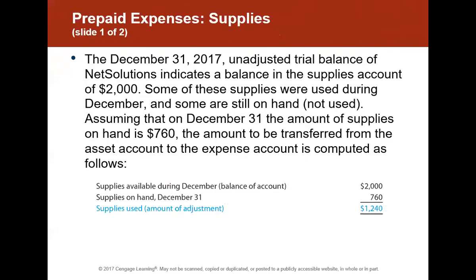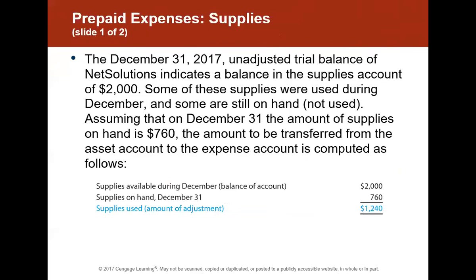Prepaid expenses, again, we've dealt with supplies before. So they're showing us, you know, we had total supplies during December was 2,000. We purchased 2,000 of supplies. When we counted at the end of the month, we only had $760 worth of supplies left. So when they tell you what's left, you have to subtract to calculate what was used up.